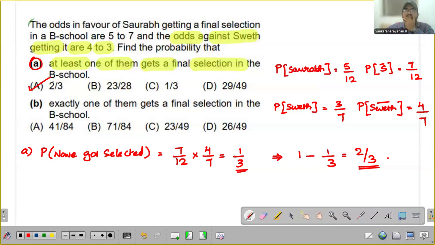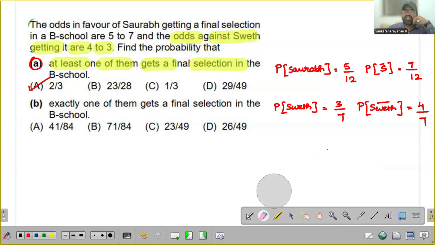Okay, now look at the next one. Find the probability that exactly one of them gets a final selection. So they are insisting that only one is getting selected. So how can you consider it? The probability that Saurabh is in and our Shwet is out.